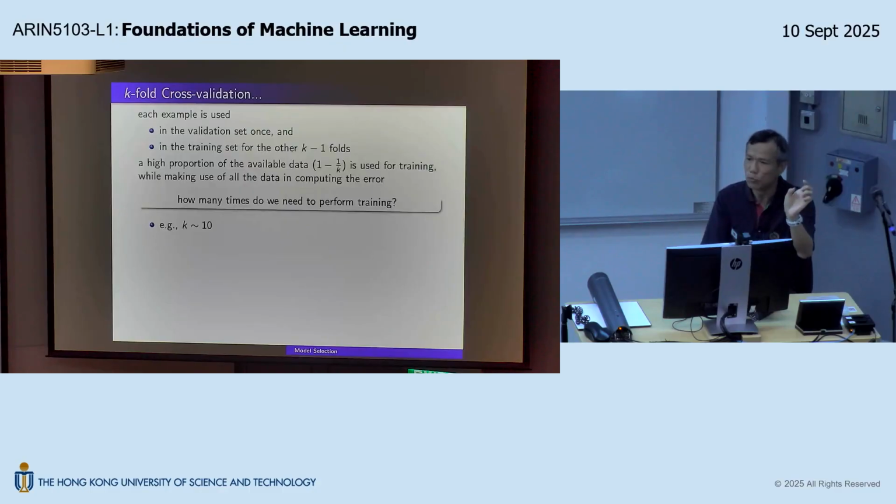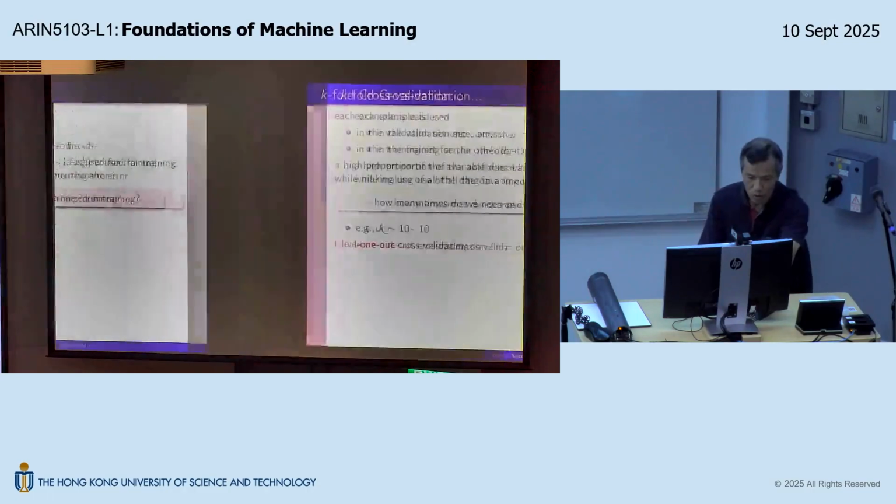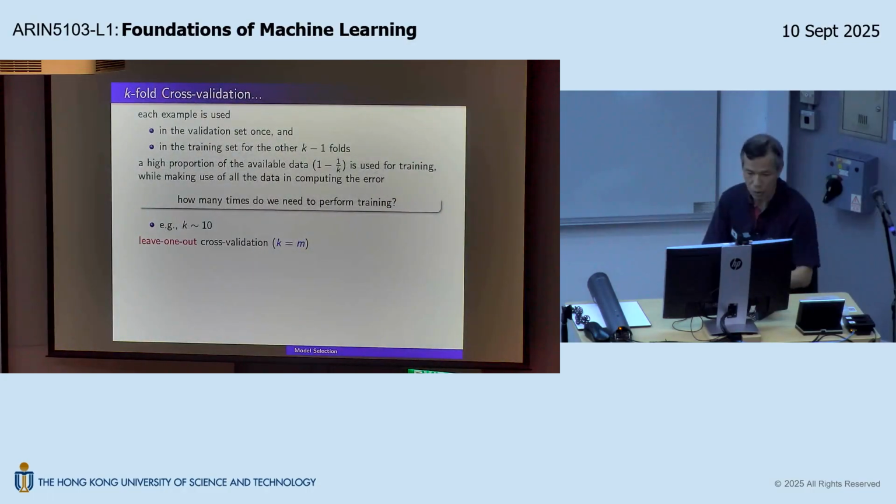No, how would you do that? Basically you would have the same thing. So the smallest is two-fold. And what is the largest value of k? The number of samples. If you have m samples, then the largest value of k will be equal to m.